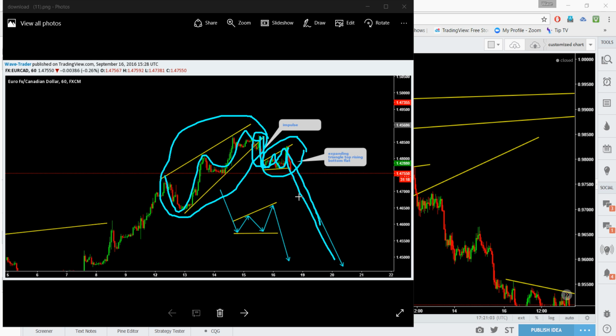That pattern forms with divergence. We see a strong impulse, a strong trend, before that ascending broadening wedge, and that is the reason that pattern forms at the top.